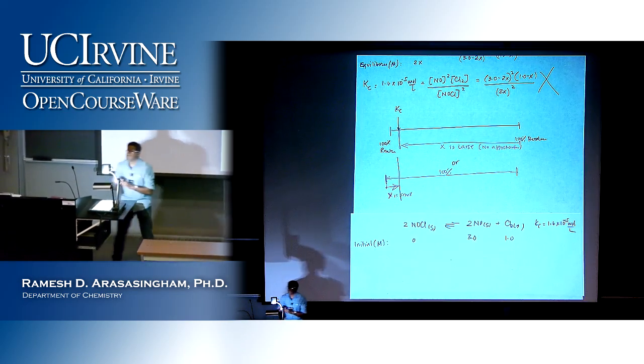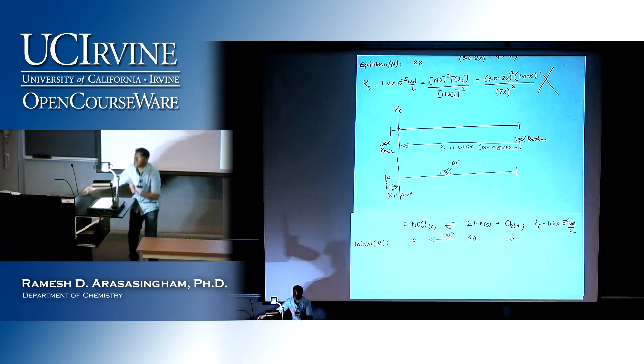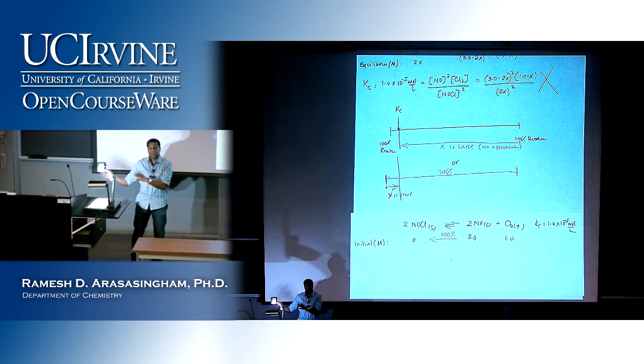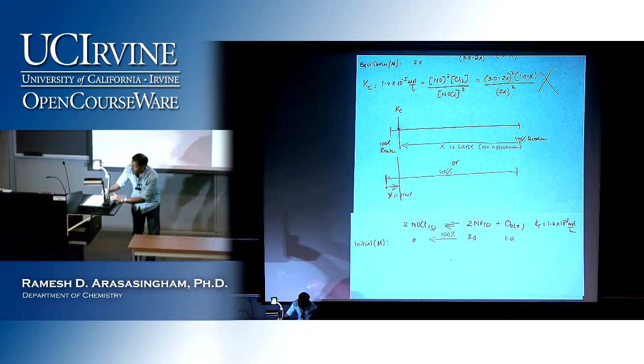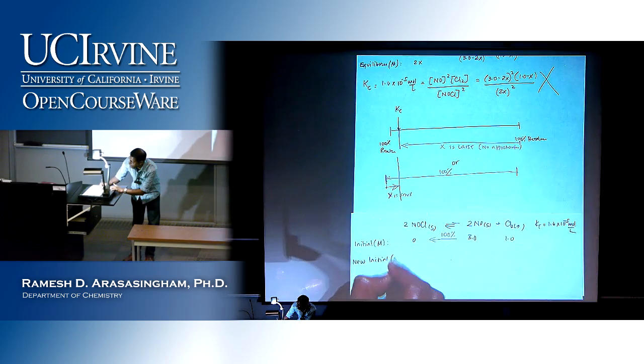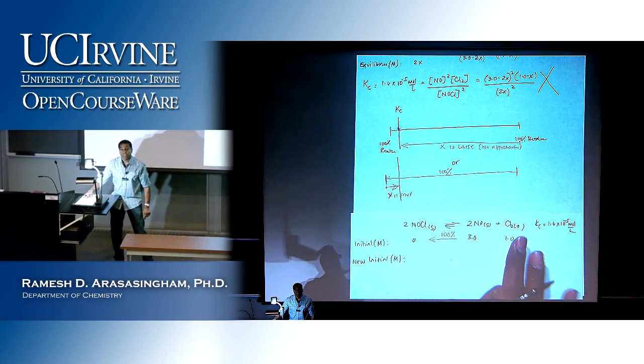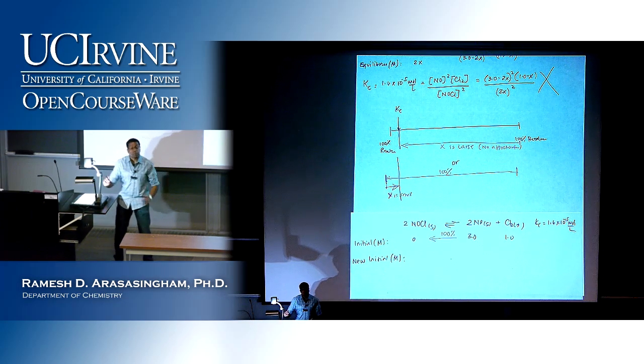Now my general strategy is that I'm going to make it go 100%. So I'm not going to let it go to equilibrium, I'm just going to let it go 100%. So when I let it go 100%, I have a new initial. Now I'm changing things around. And my new initial would be when this reacts 100% to give me products.